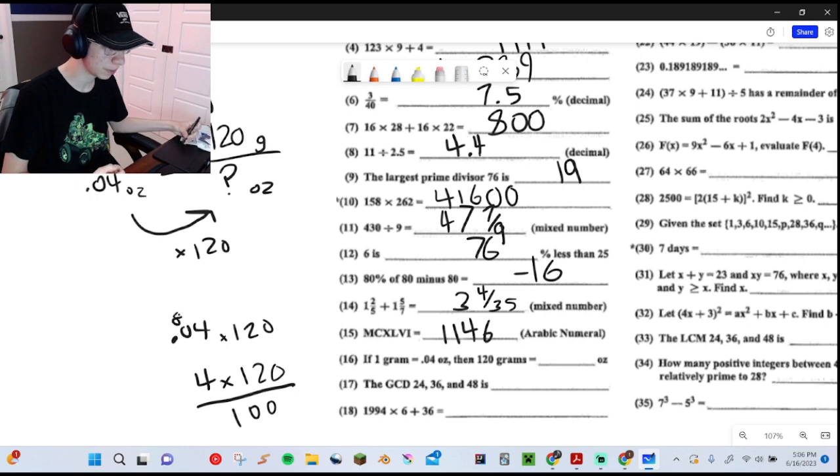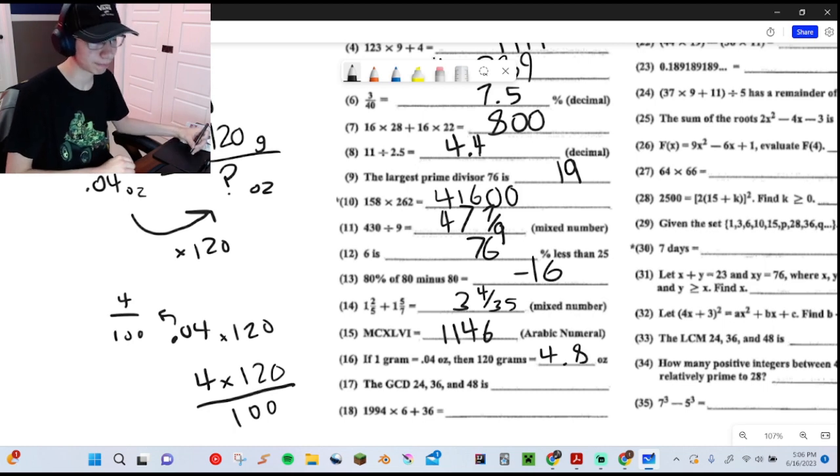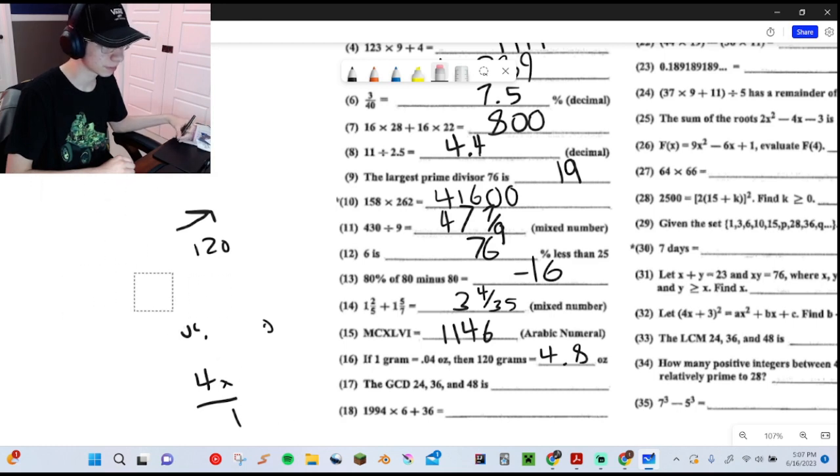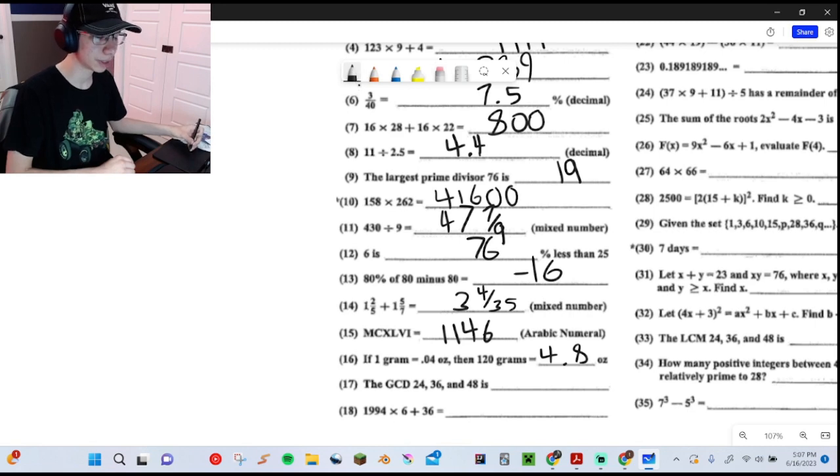Because 0.04 is just 4 over 100. So really I have 4.8 ounces in 120 grams. So yeah, make sure you know how to work with proportions.